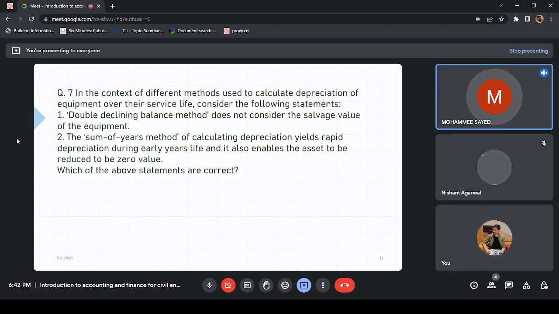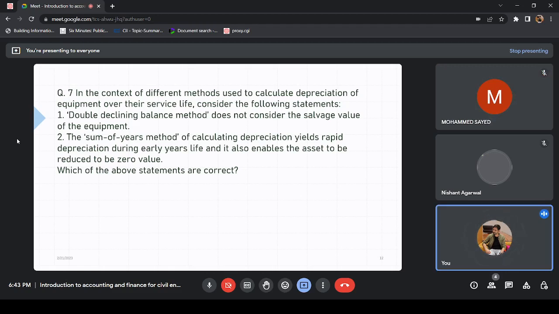The first one is correct, and the second one half, I think I'm sure. The zero value I'm not sure about. Okay, zero value you're not so sure about. Now, can the salvage value of any equipment be zero?